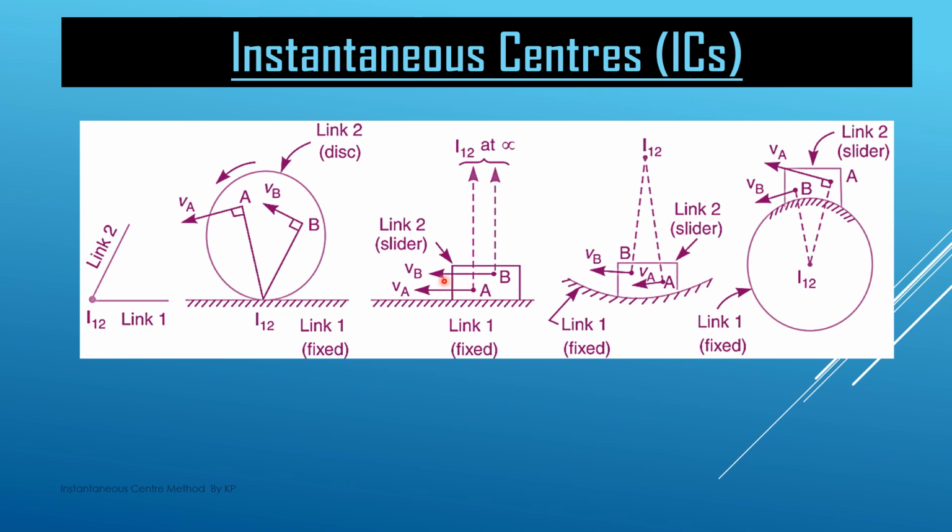Similarly at the VB velocity vector, we draw a line perpendicular to this VB vector, and this is again meeting at the same place. So we see that these two lines are meeting at infinity. So when there is a slider kind of mechanism, the IC lies at infinity, and in that situation the velocity of any point on the slider, VA and VB, is the same.